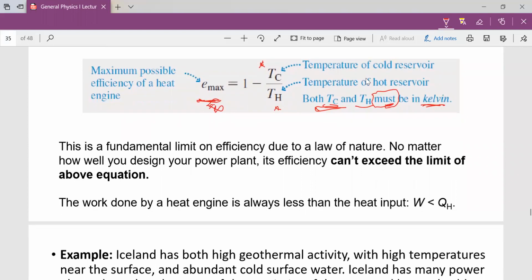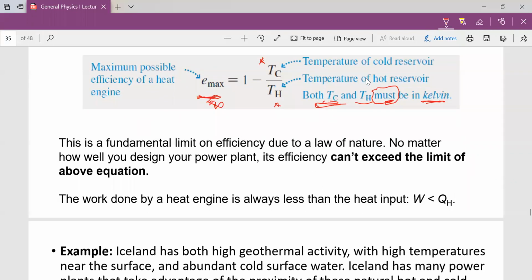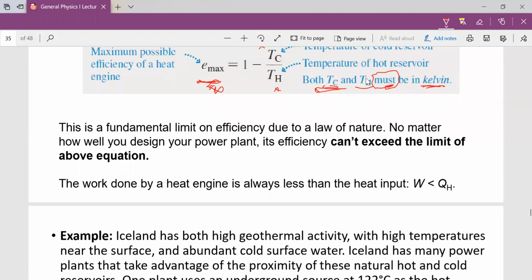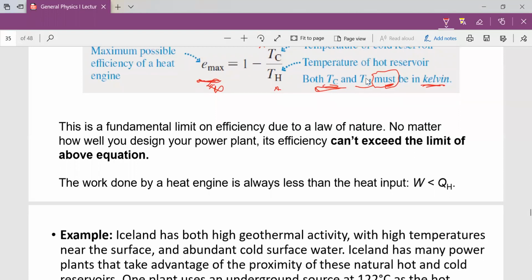For heat engines, we use the Kelvin scale to define our temperature. So we are simply emphasizing that the efficiency cannot exceed the maximum efficiency.